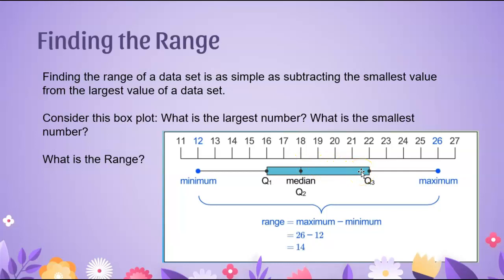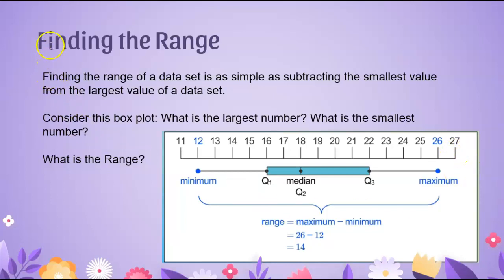But to find the range of the whole data, you just have to subtract the minimum value from the maximum value. And again, it's really easy to find when it's on a graph. We find the maximum value, which is 26, and we subtract 12, and we get the range of the whole data set. That's the difference.